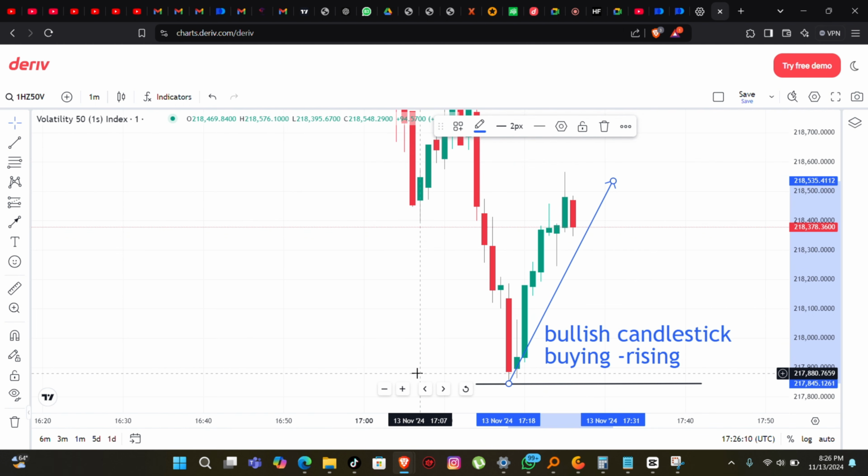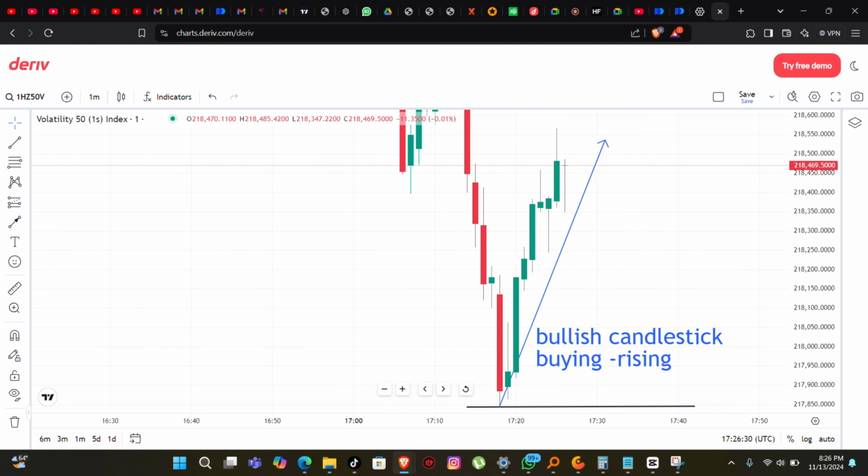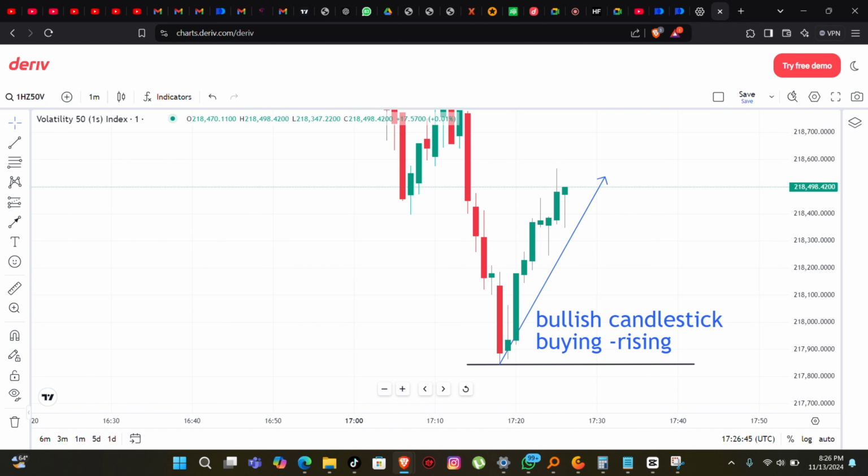So in this case we can say this market is bullish, or it is a buying market, because this market has been rising consecutively. In any case you see a market that has green candles following each other like this, you know that the bulls or the buyers are in control of that market. They have more power compared to the sellers. In that case, you should be considering mostly getting in on that market for a buying market or for a rise trade. That's mostly what you should be considering doing in this particular market.